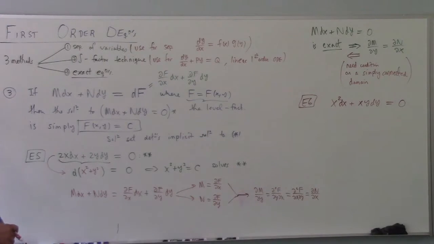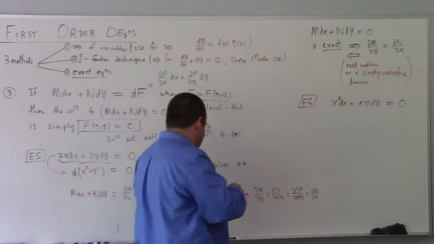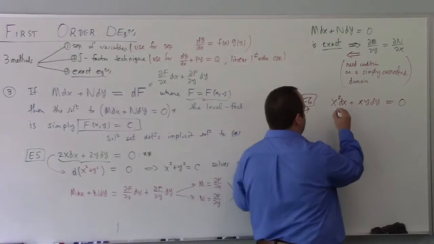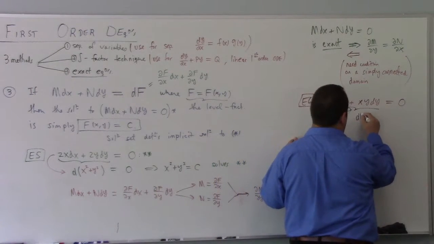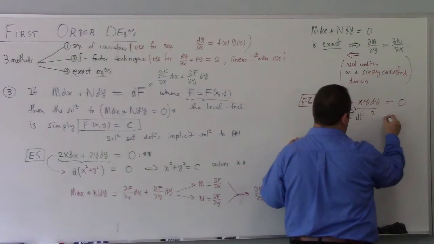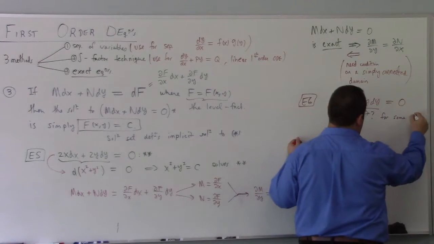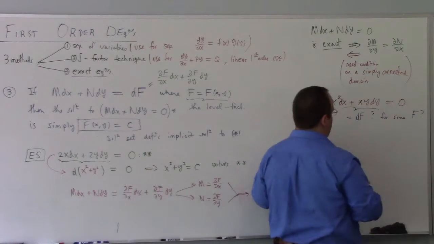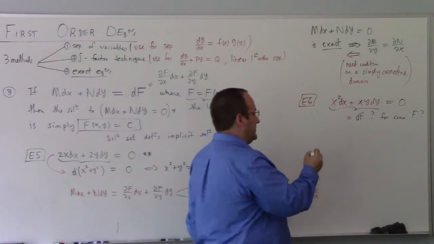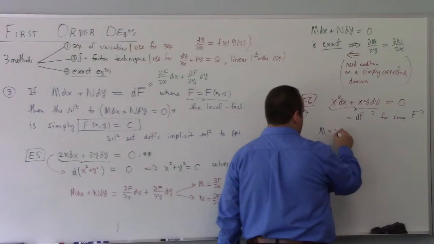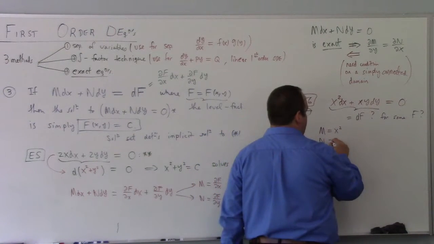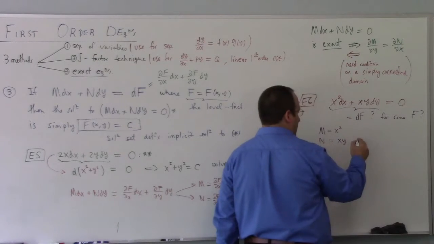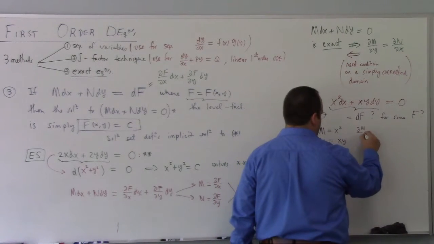In other words, is it possible to say that this is equal to df for some f? I don't think so. Here we have m is equal to x squared. We have n is equal to xy, right? So partial m, partial y is what?